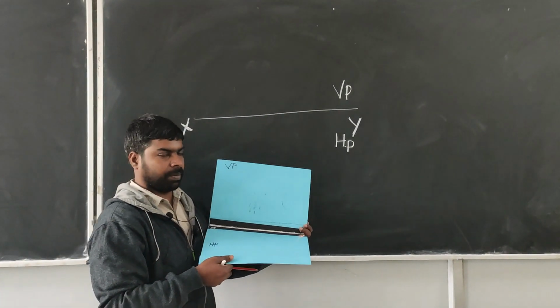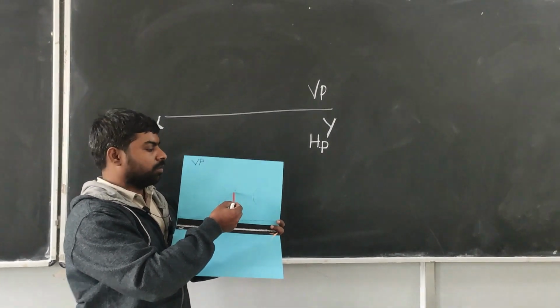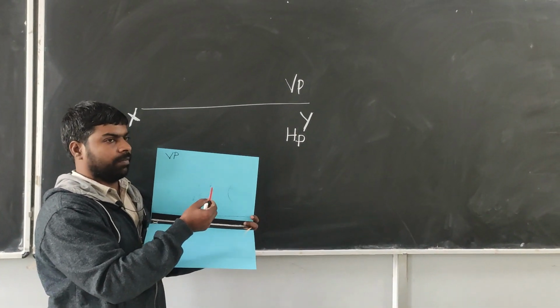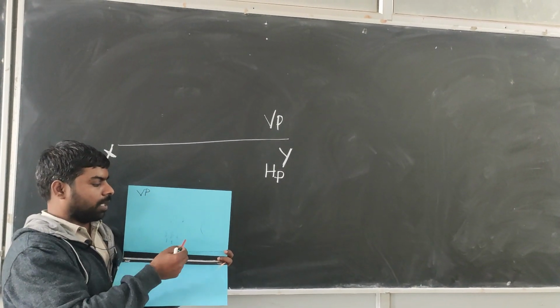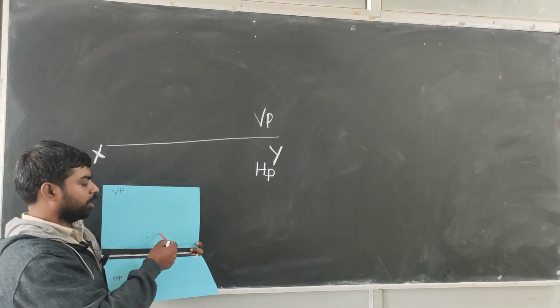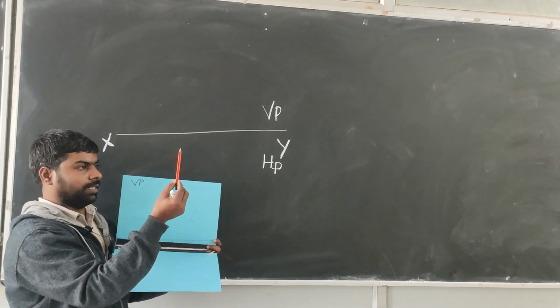So this is the problem we have: perpendicular to VP and parallel to HP. From the top view only we will get the true length of this object. So whatever we see from the top view, we have to draw in the HP. If you see from the top, you will get this view.